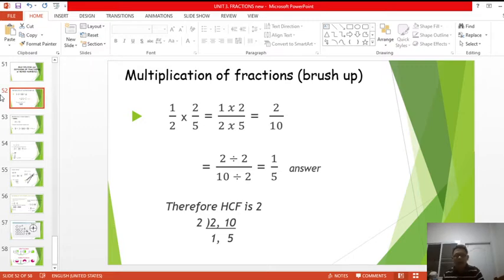Here I would just like to emphasize that when you multiply fractions, it's really very easy. All you got to do is to multiply the numerators together and the denominators together and get their product. So look at this example.